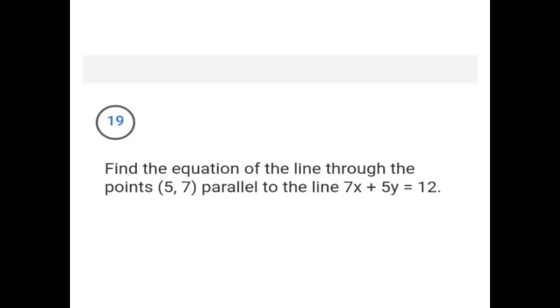Number 19. Find the equation of the line through the points 5, 7 parallel to the line 7x plus 5y is equal to 12. In this question, the point 5, 7 is parallel to this line equation 7x plus 5y equal to 12.